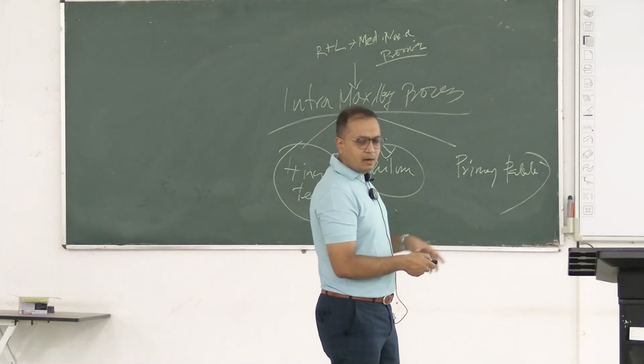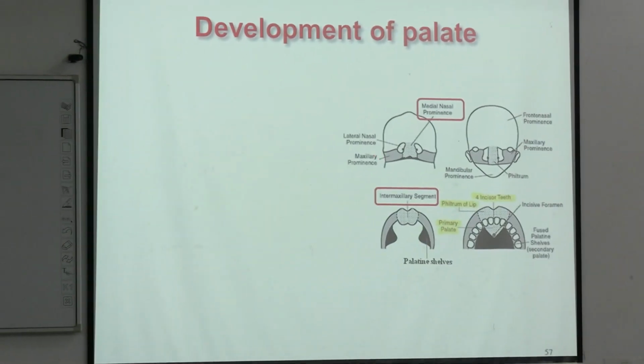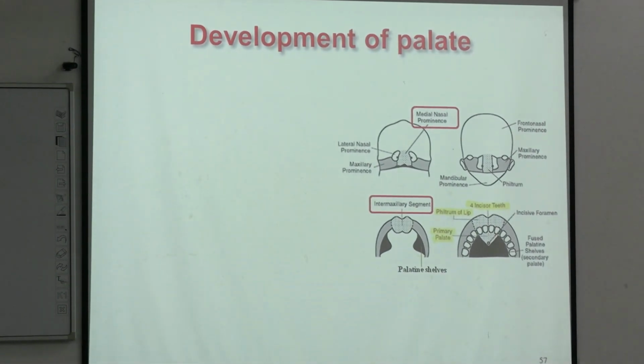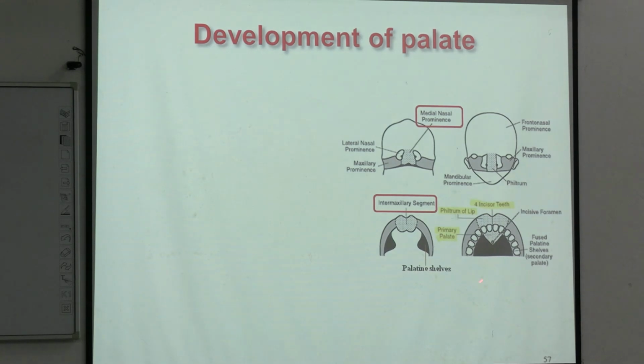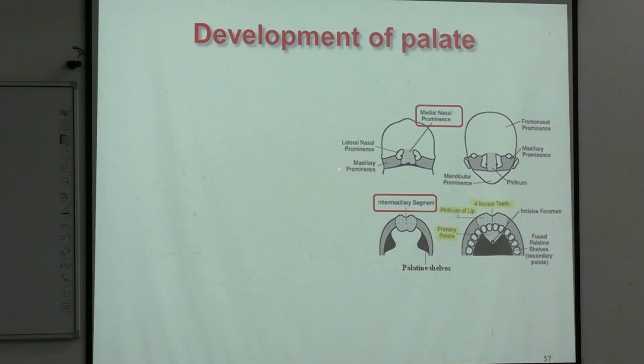Now, besides forming the vermilion border of the lip, this maxillary process also creates a bony shelf. We call them palatine shelves, which form here, right side and left side. These palatine shelves come from the developmental process we call the maxillary prominence ingrowing. So, this maxillary prominence, right side and left side, as it comes close to the midline to meet the intermaxillary process, grows inside and grows to the midline and eventually meets here.